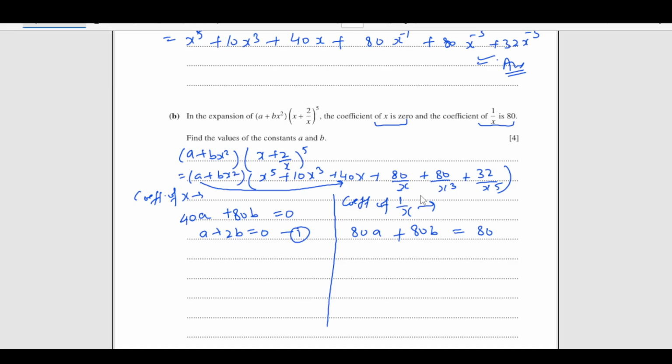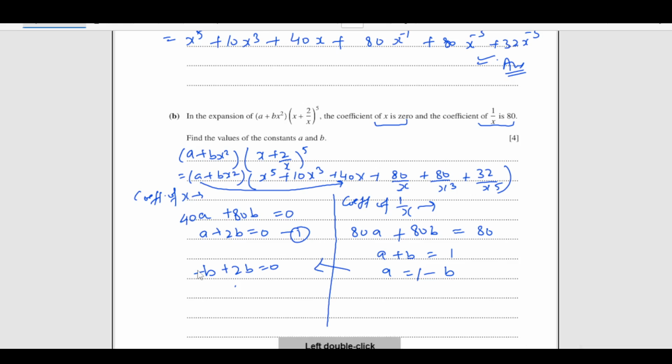So divide by 80, we get a plus b equals 1. So from here a is equal to 1 minus b, right? So we can substitute this a equals 1 minus b into this equation, that will be 1 minus b plus 2b equals 0.